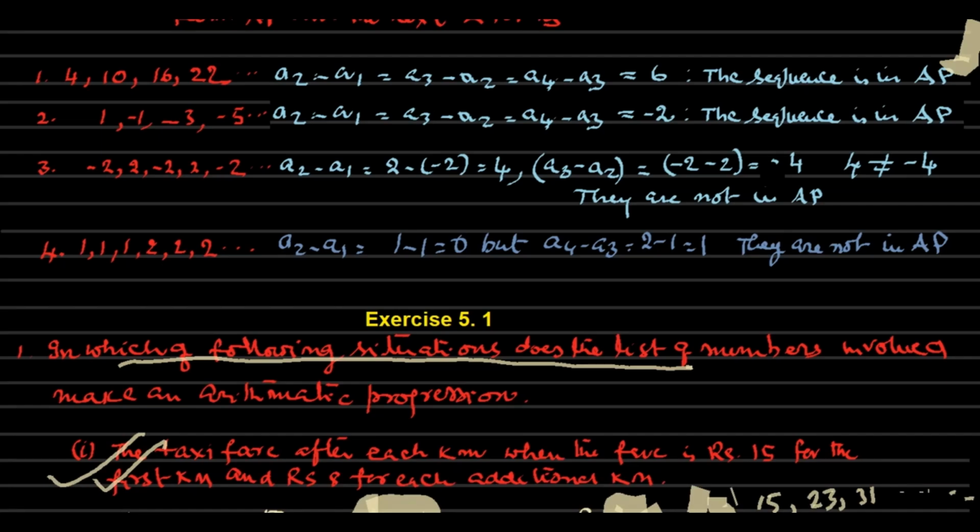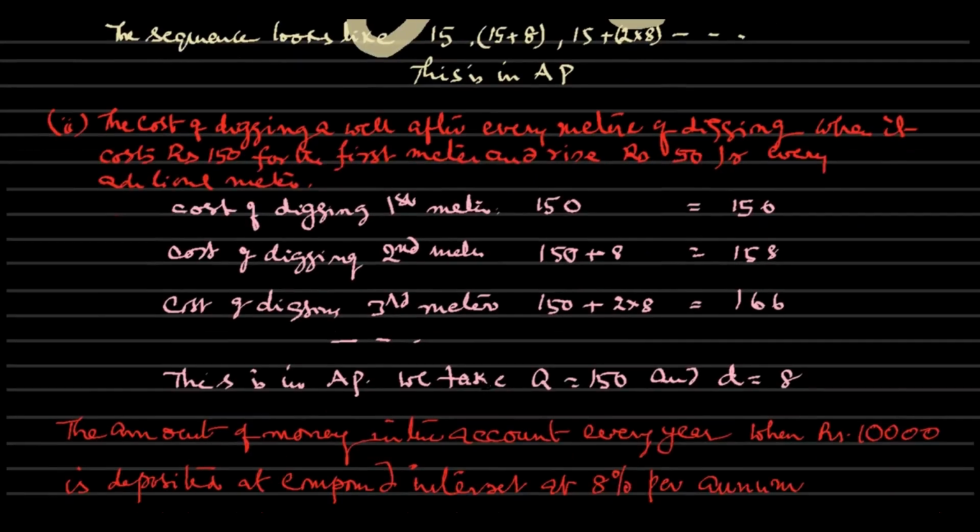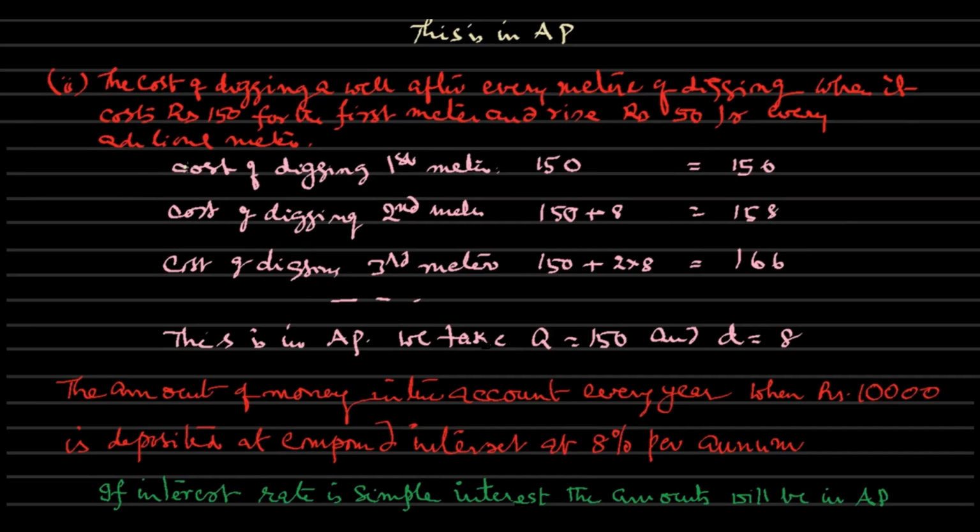Second situation, let us see. The cost of digging a well after every meter of digging, when it costs 150 for the first meter and rupees 50 for every additional meter. So first meter costs 150.